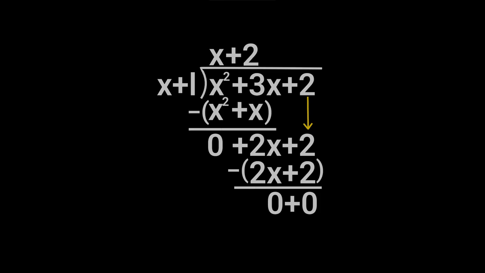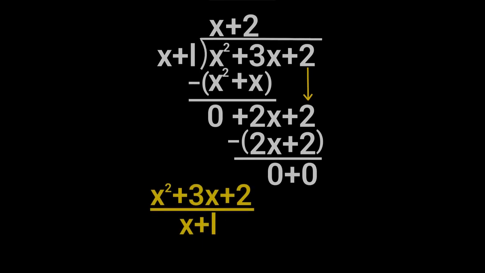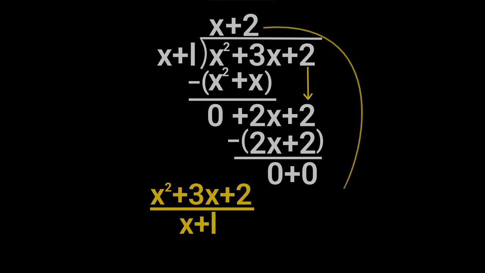Now once we are done, I'm gonna bring the problem that we're trying to solve, and then I'm gonna bring down the x plus 2 and put it in there. This is the result that we get when we divide.